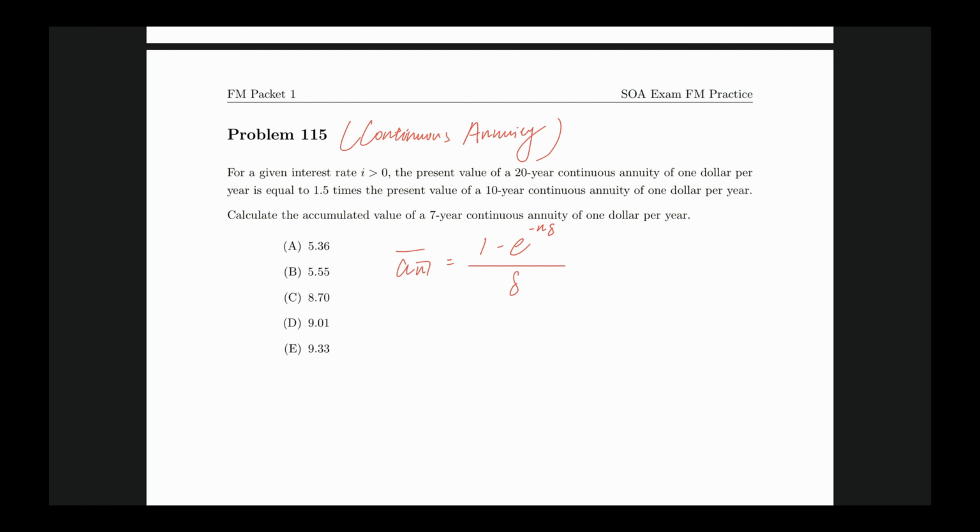For now, we don't actually need to memorize the definition of it because we can just solve for it.